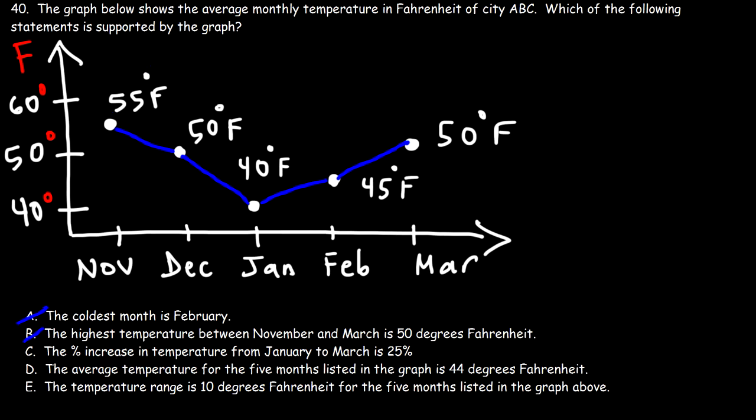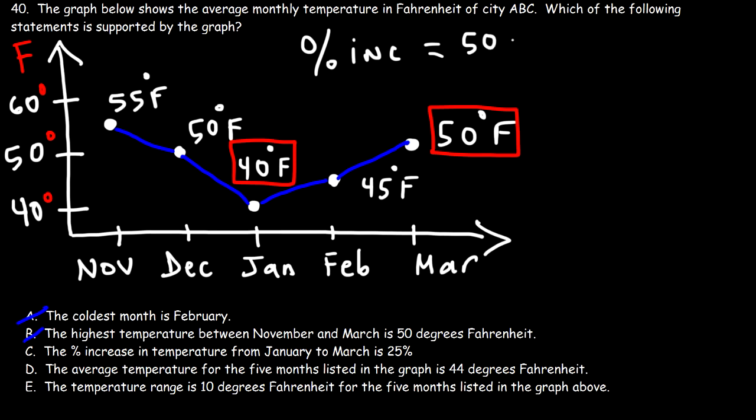Part C. The percent increase in temperature from January to March is 25%. So in January, the temperature was 40, and in March is 50. So to calculate the percent increase, it's going to be the new value, which is 50, minus the old value of 40, divided by the old value, or the original value of 40, times 100%.